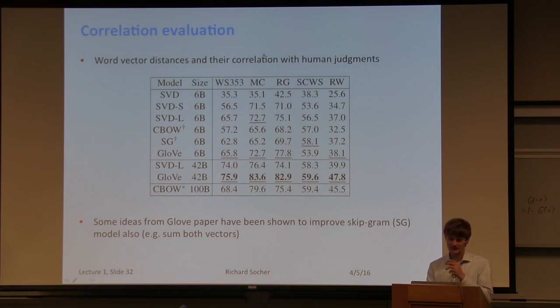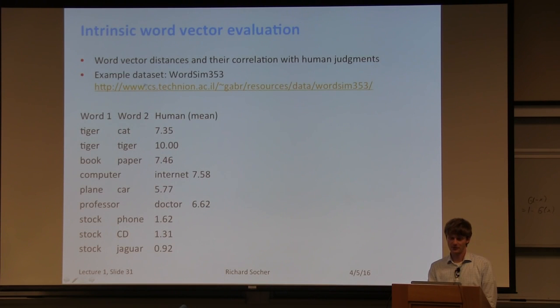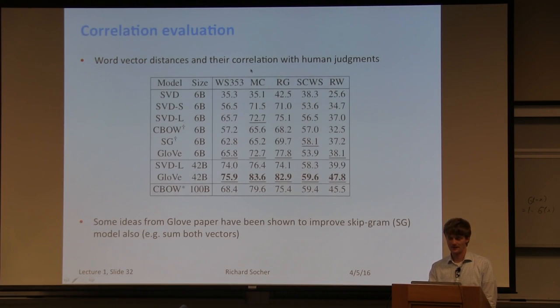And again, the GloVe model that is trained on a very large corpus does very well on a lot of these different kinds of similarities, and has basically its inner product distances have high correlation to the human judgments. And there are a couple of different corpora that are available. This one here is very popular, though it is very small. It just has 353 word pairs.